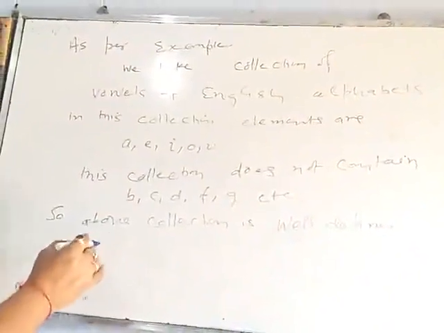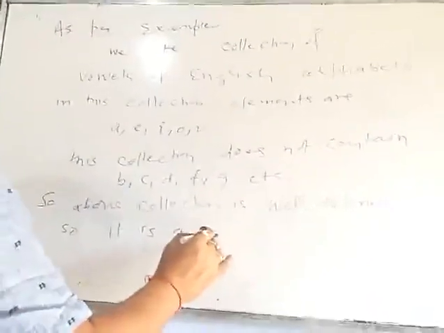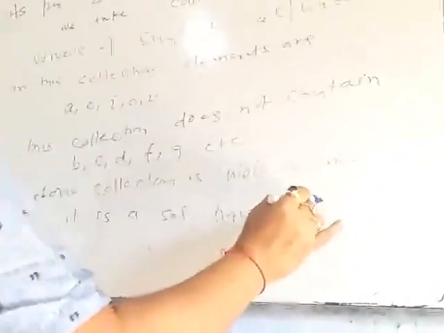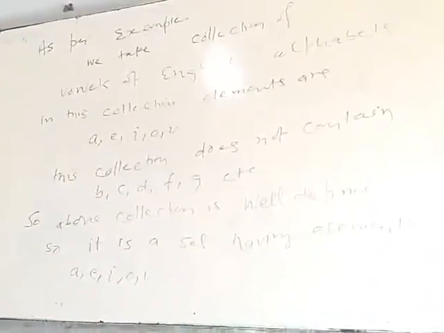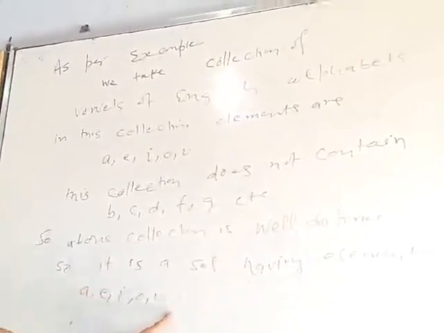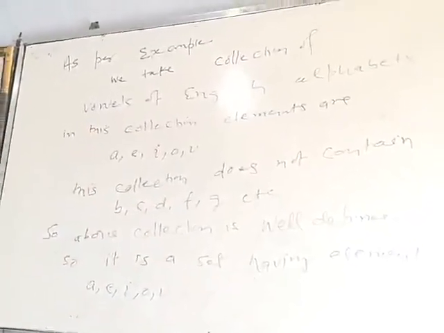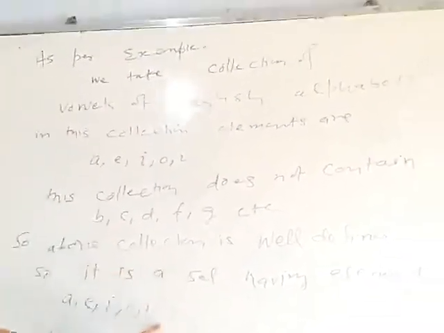So it is a set having elements A, E, I, O, U. In this collection, only these elements will belong, but B, C, D do not belong. So it is a well-defined collection. So this collection is a set.